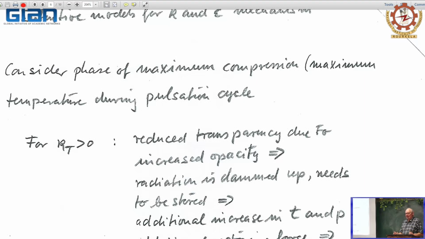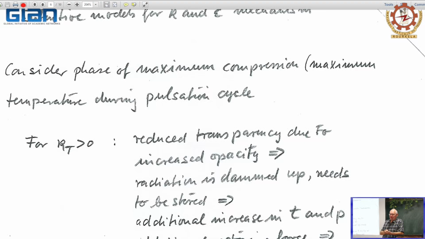If you then release additional energy in the phase of maximum compression, that means you put in energy, for instance by igniting fuel in a diesel engine or in an aircraft engine at the phase of maximum compression, you deposit an additional amount of energy at this phase.